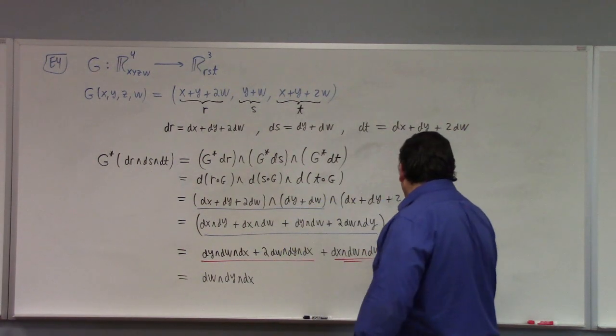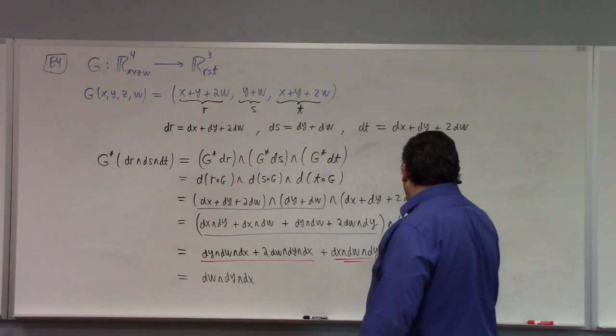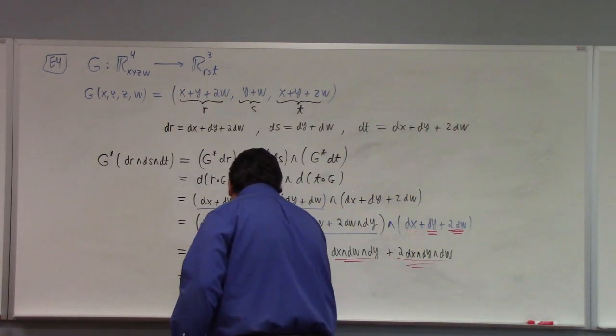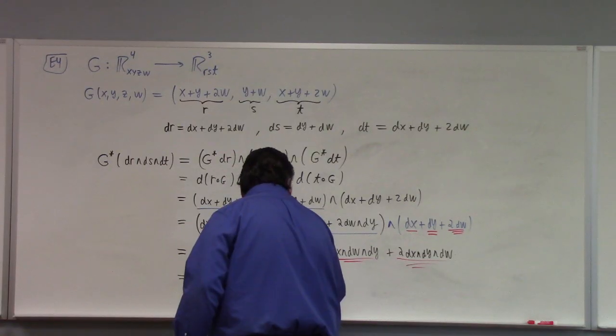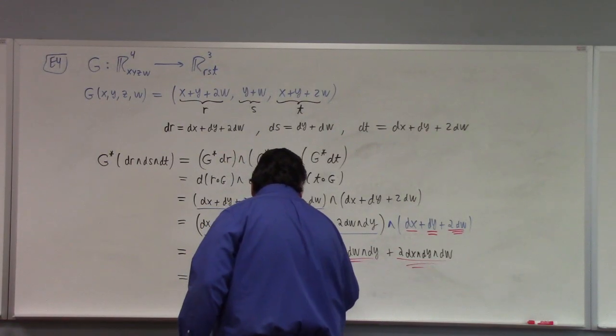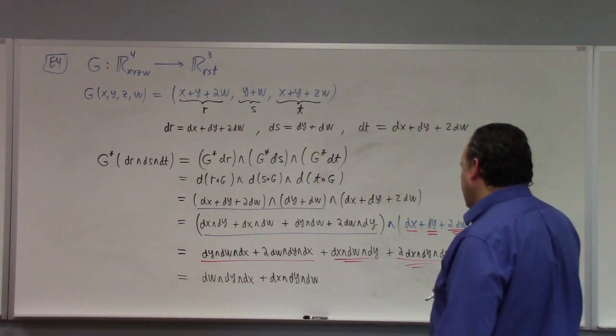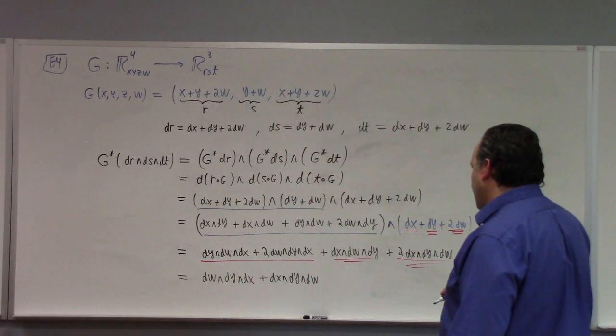So, plus dx wedge dy wedge dw, right? It's 0. It is 0. Aw, man.